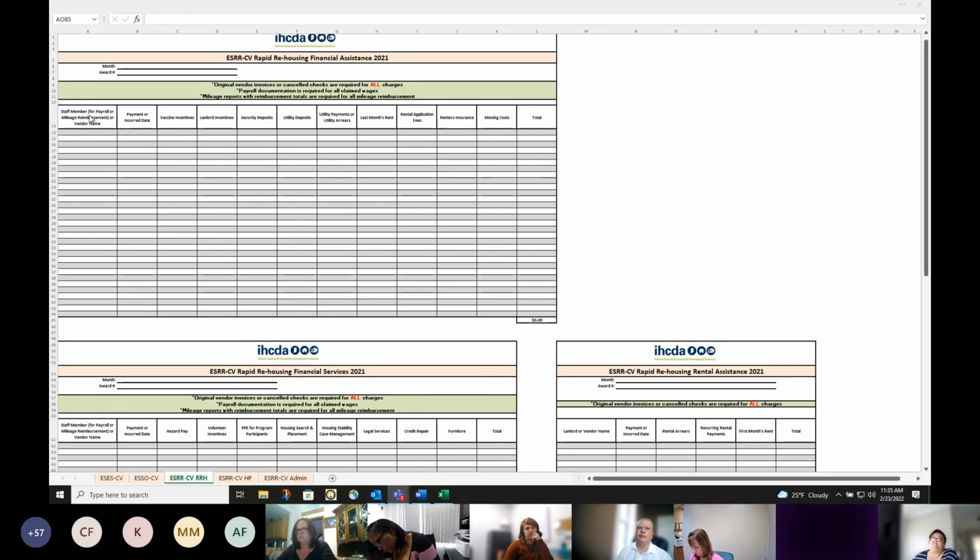Staff member name for payroll or mileage reimbursement, or vendor name, provide that there. Payment or incurred date, provide that there. And then break your charges up for whatever the charge may be, a security deposit, utility deposits, and so on. And then you put the total. That total will add up for you down at the bottom as well.